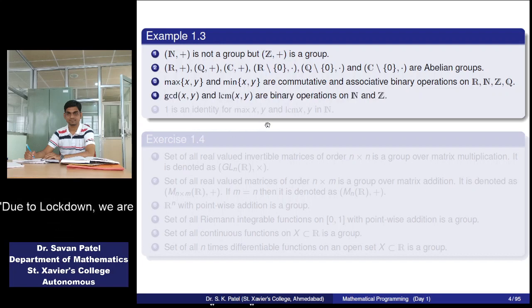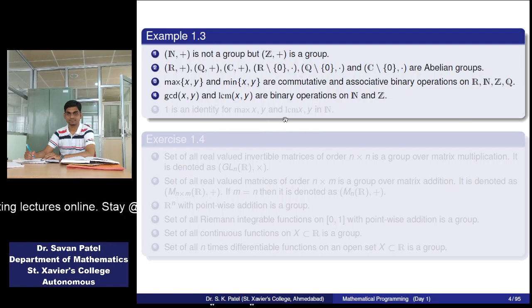Again, GCD and LCM are binary operations which are again commutative and associative on N and Z. We know that this cannot be defined on real numbers. Again, we know that inverse does not exist as well as identity does not exist for GCD and LCM.